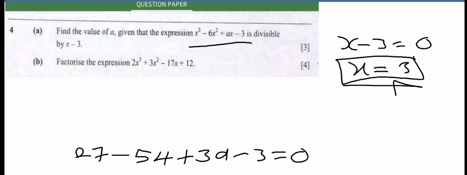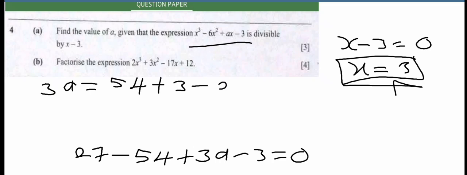Collecting the like terms here, on this side we remain with 3a being equal to 54, which is positive 54. This one is negative, and when it crosses the equal sign it changes to positive. So we have positive 54 plus 3 minus 27.